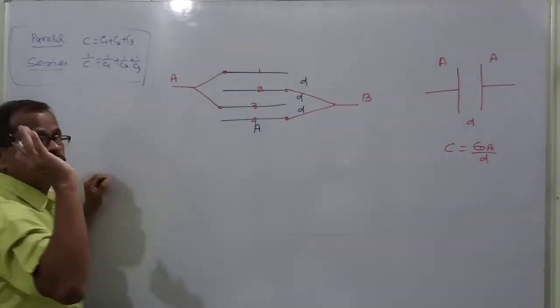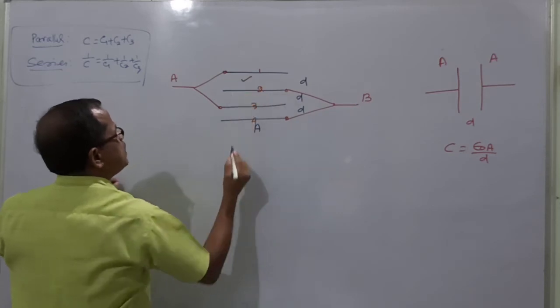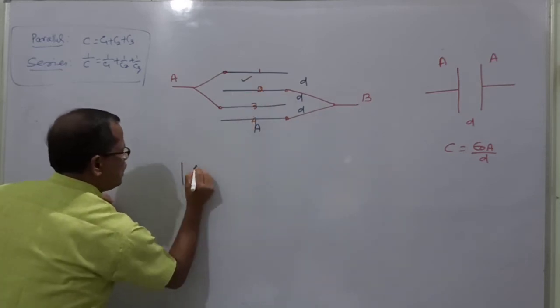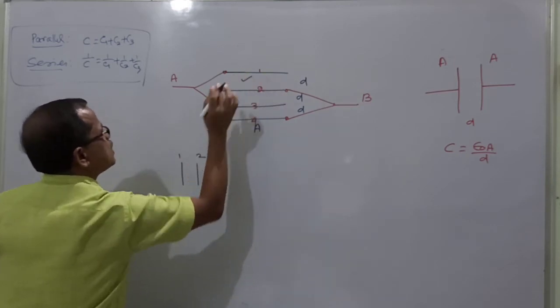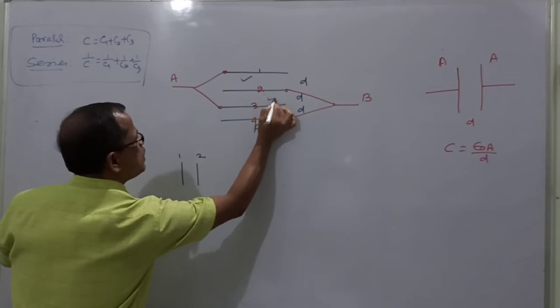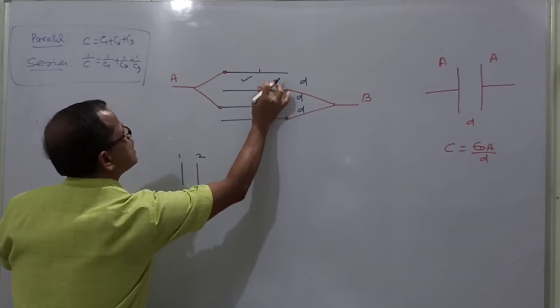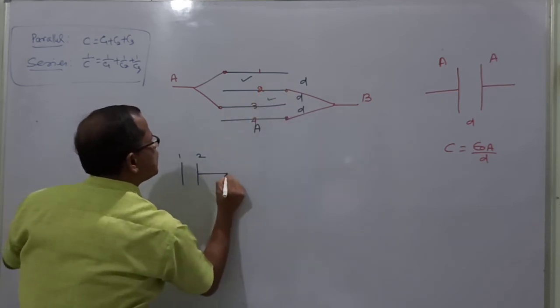I will apply my common sense: plate 1 and plate 2, yes, it is a capacitor. Write down, plate 1 and plate 2, capacitor. Then plate 2 and plate 3, again this is a capacitor, but plate 2 is making capacitor 1 and is also making capacitor 2, so let us take the common 2.